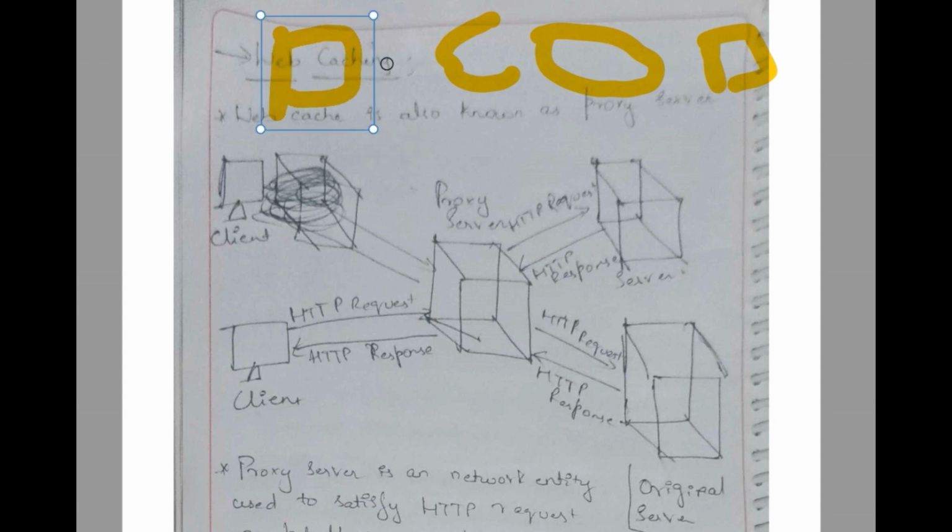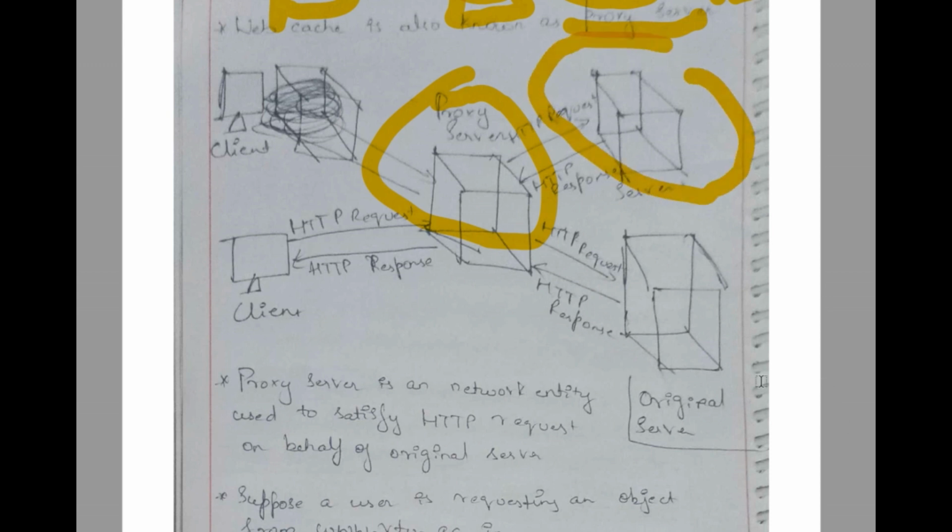If the user wants to access the server at a faster rate, a proxy server is placed in between, which is a copy of the original server, with the help of which the user can perform the operation in a faster way. Web cache is also known as a proxy server. So this is a proxy server, the web cache. See this, these are the original servers.